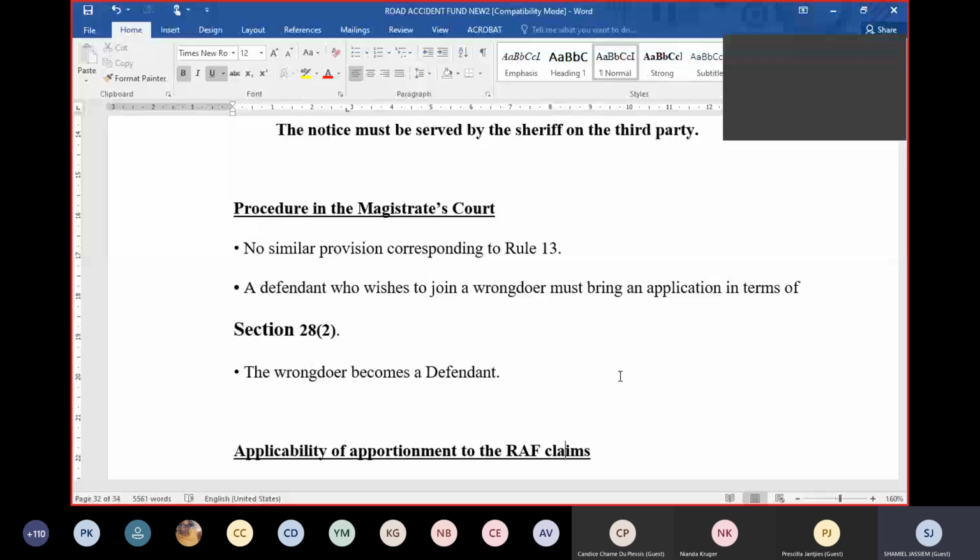Absolutely correct. So you are now acting for the RAF. Their insured driver, who is B, the common law wrongdoer, was 50% to blame for the accident. And I'm the plaintiff, I was 50% to blame for the accident. Do you think it is necessary for the RAF to send out a notice in terms of Section 2.2 of the Apportionment of Damages Act?